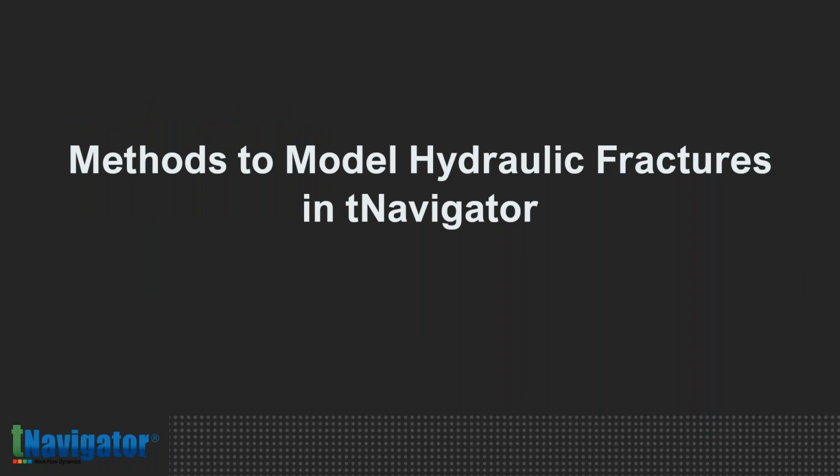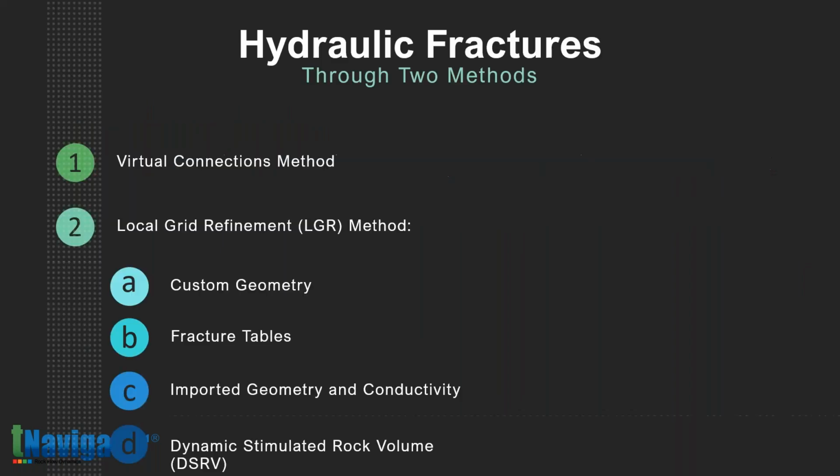Now let's go into describing these methods to model hydraulic fractures in tNavigator. We basically have 2 methods to do this. The first one is called virtual connections, and the second is called local grid refinement, or LGR. Within local grid refinement, we have 4 different ways to do it.